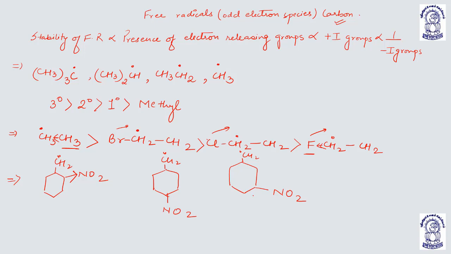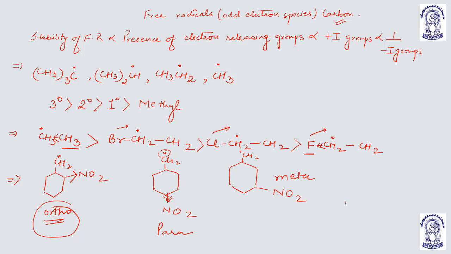Here we have the meta position, this is the para position, and this is the ortho position. Here the NO2 will attract the electrons, and the displacement of the electrons will require more area.